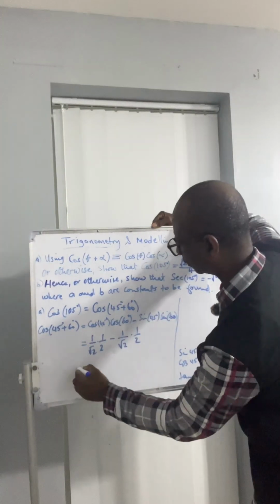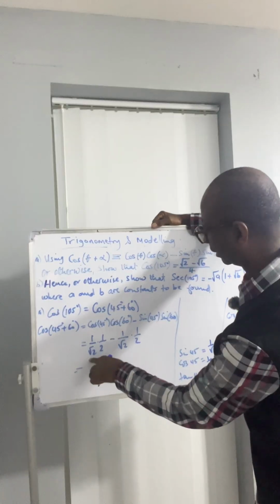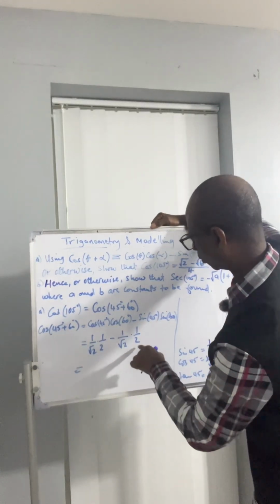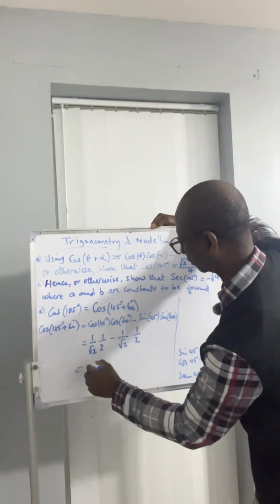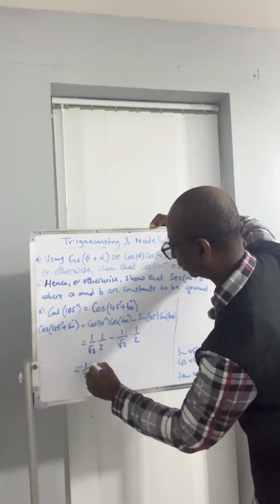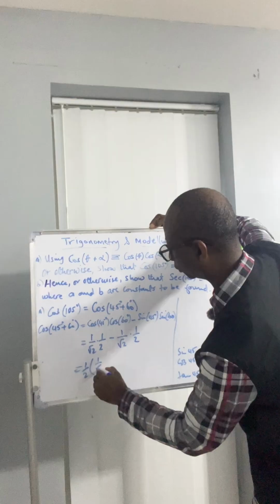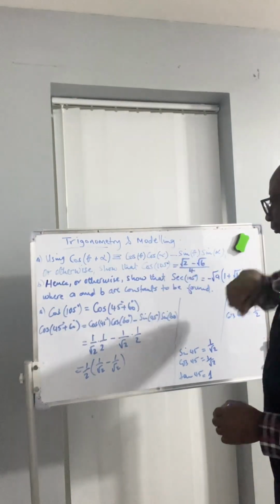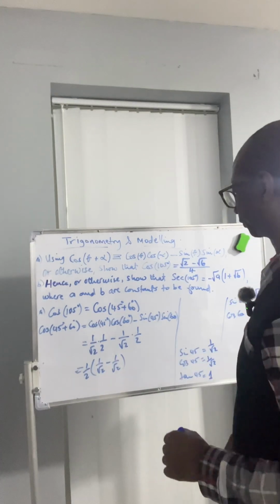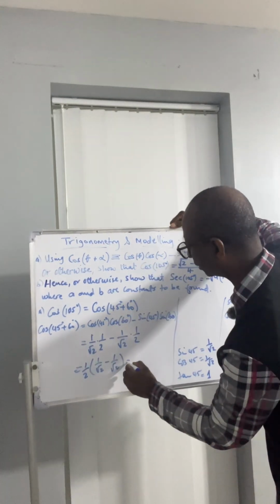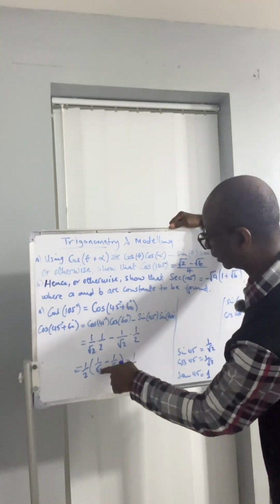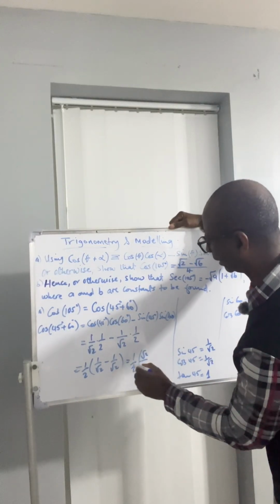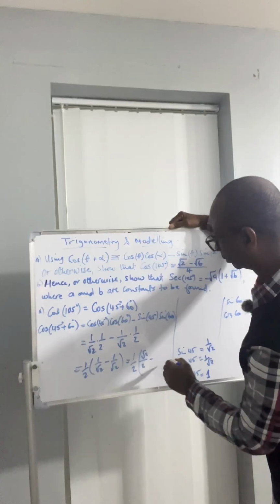Now, when you have something like this, you rationalize. Let's take this 1/2 out first. So you have 1/2, you have 1 all over root 2 minus 1 all over root 2. So if you rationalize your denominators, this one will give you root 2 all over 2 again, minus what?